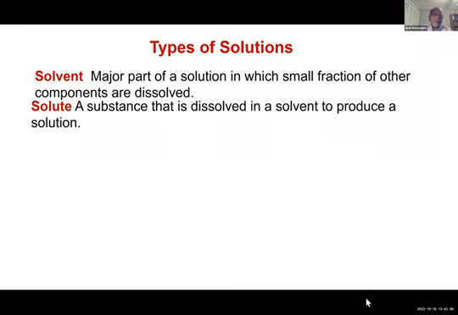The major component is the solvent. Therefore, a homogeneous mixture, which you call a solution, normally has two components, solvent and solute.